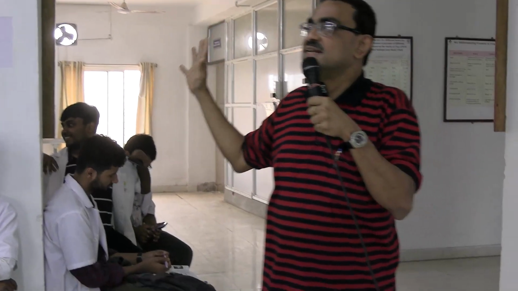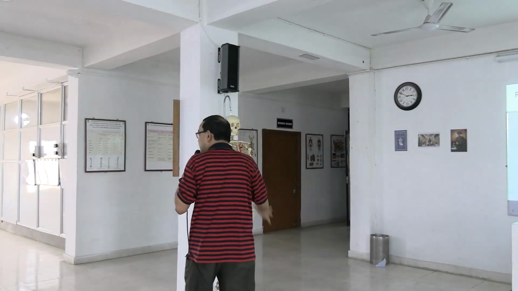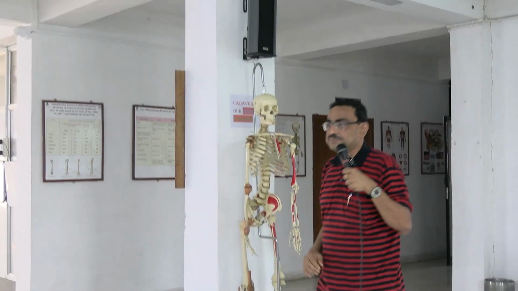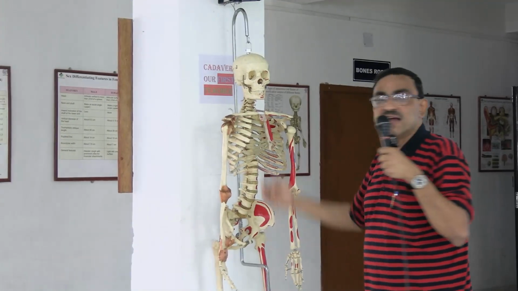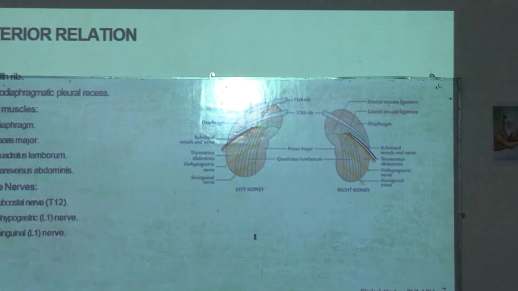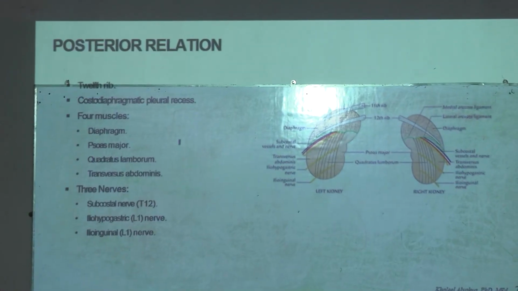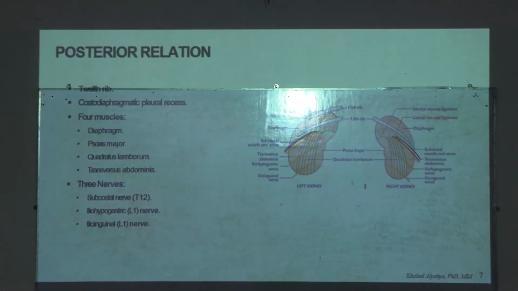So these are the anterior relations, the structures present in the anterior part of the right and the left kidney. Now what are the structures which are present posterior to the right and left kidney?